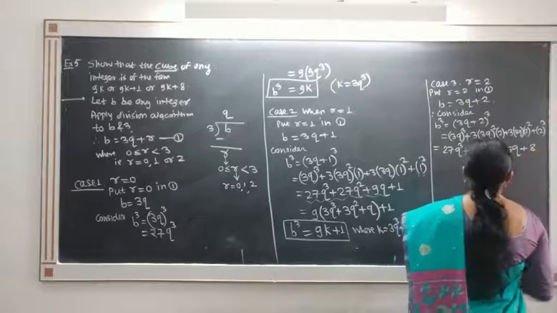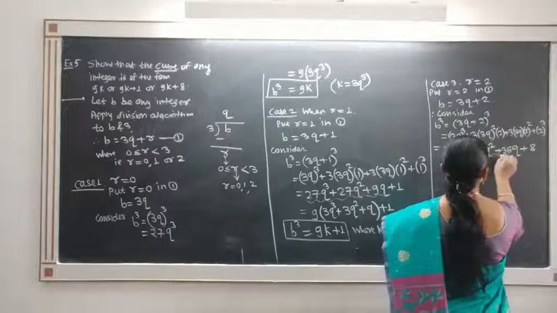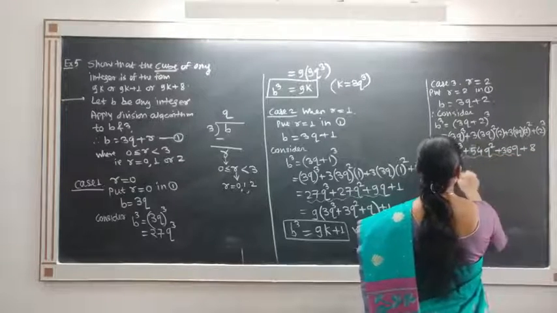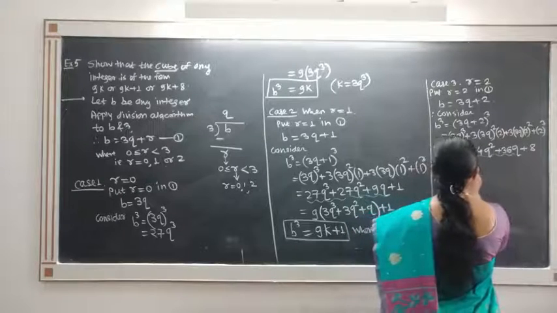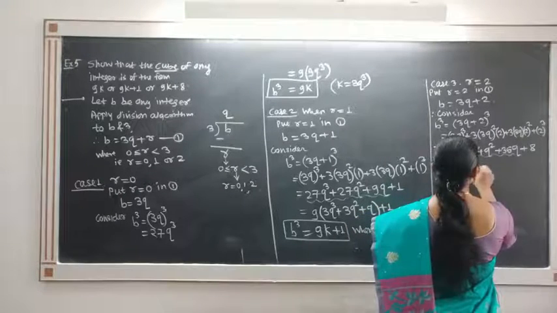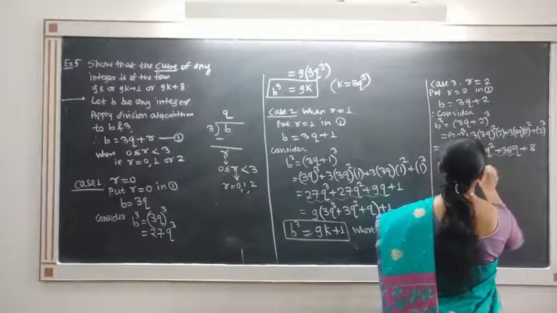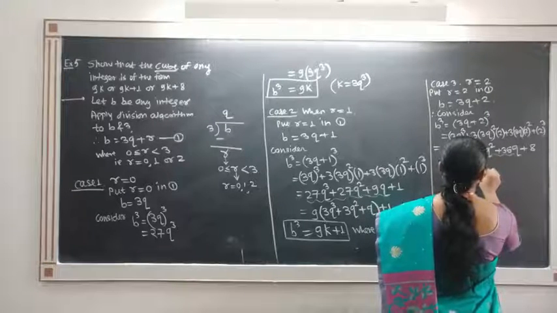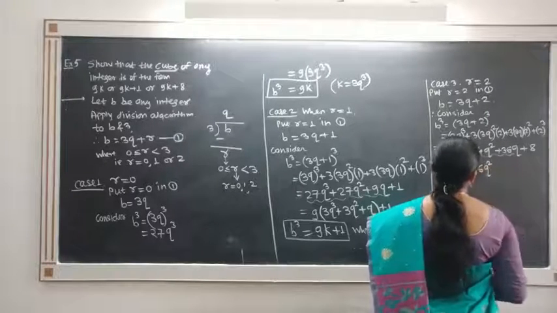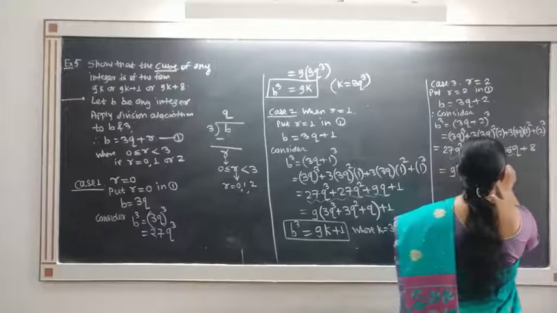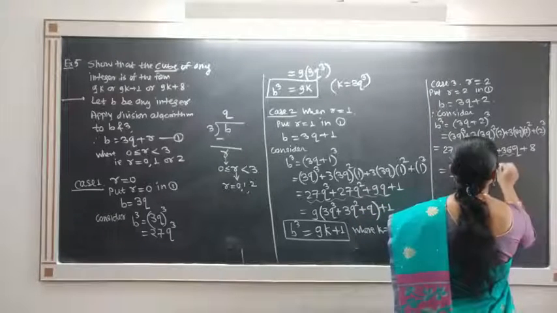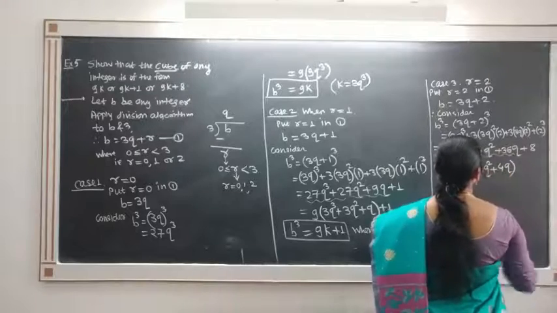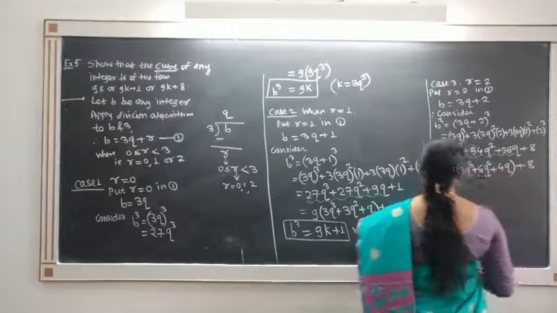plus 8. From the first 3 terms, we will take 9 common, into bracket 3q cube plus 6q square plus 4q, plus 8.